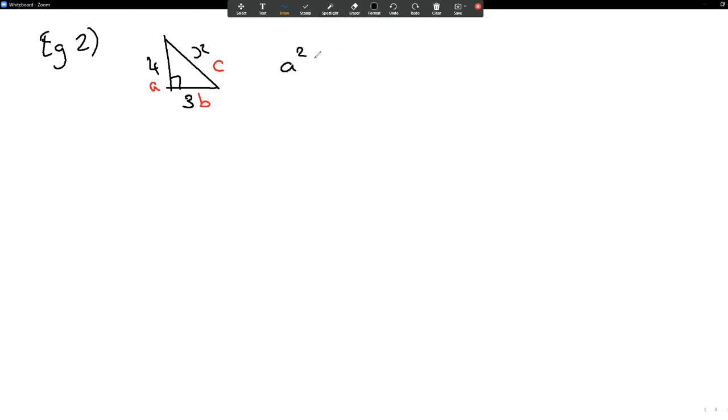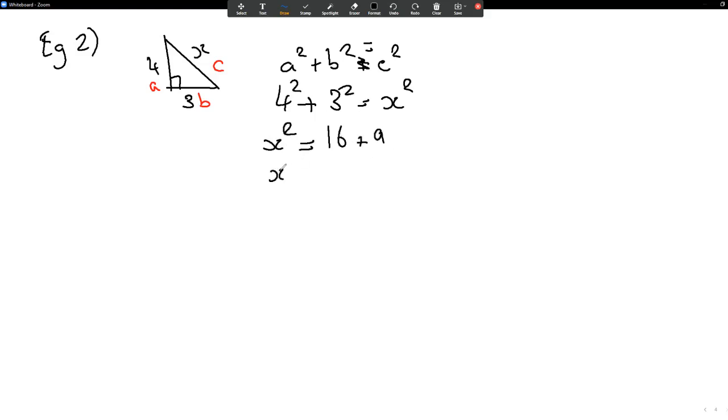And now let's use our formula again. a squared plus b squared equals c squared. And then just substitute our values in. So our a is 4, our b is 3, and our c is x. And then all we have to do is figure this out. So we get x squared equals 16 plus 9. And that gives us 25. So we can just square root to get 5.